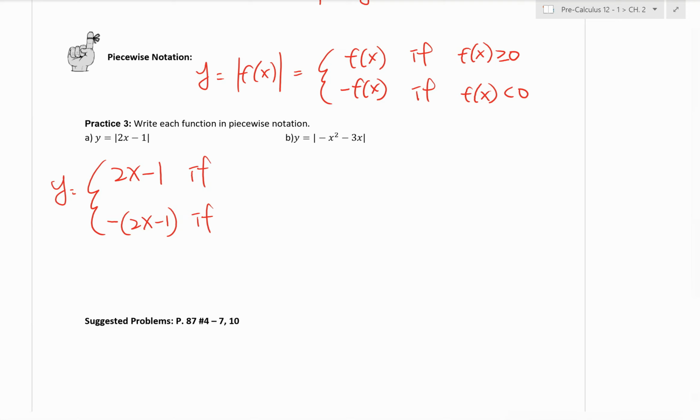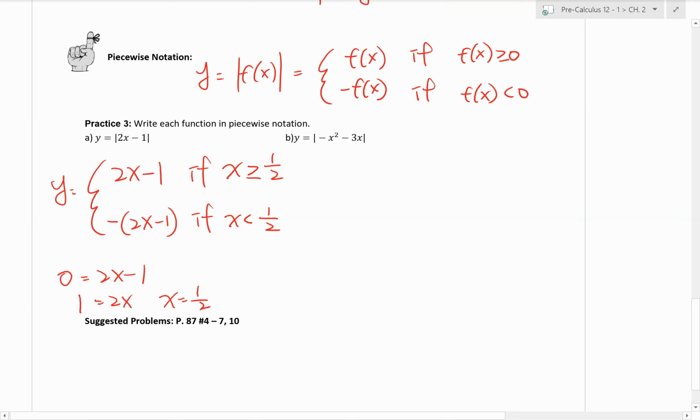So we make y 0 and solve for x. So 1 equals 2x, x equals 1/2. So when x is greater than or equal to 1/2, then it's positive. When x is less than 1/2, it's negative, right?